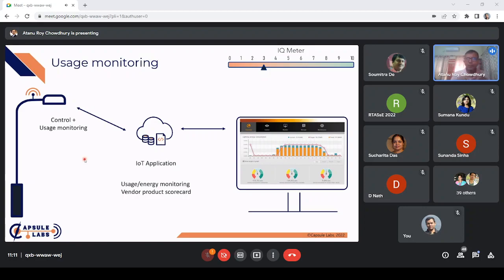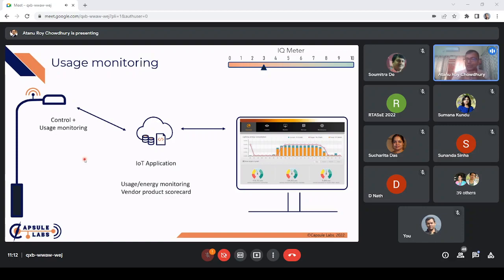So by calculating the usage and the runtime of the bulbs, I know exactly what their mean time to failure is, what the stated mean time to failure is versus what the actual mean time to failure is. And that will help me as a city understand whether the lowest cost vendor is really the optimal vendor for the city or not, right?